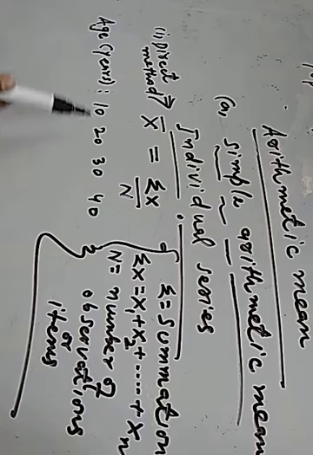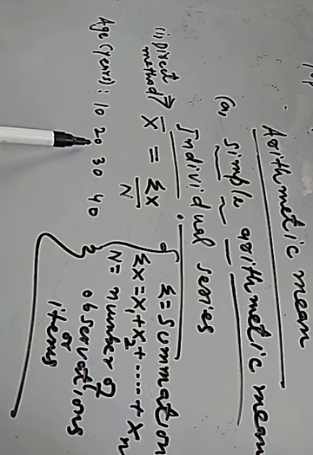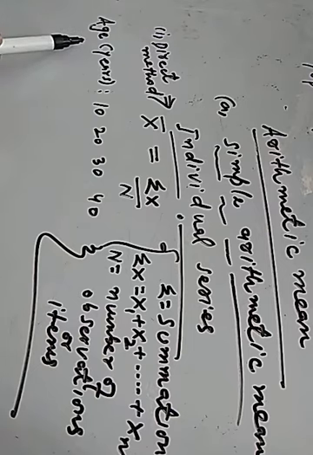Age is a variable and every value of this variable age repeats only one time in a given series. एक ही बार रिपीट होता है हर एक वैल्यू इस वेरिएबल का, इसलिए इसको हम कहते हैं इंडिविजुअल सीरीज.